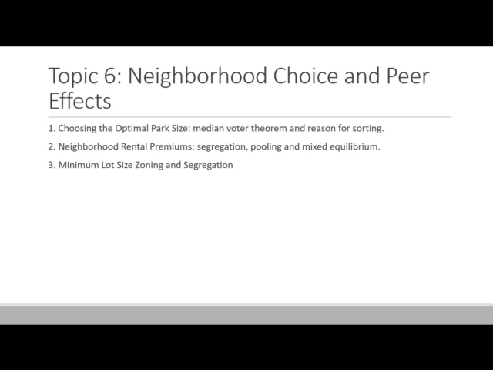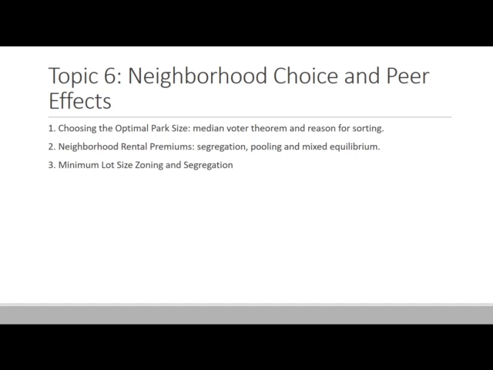In our basic model, we assume that everyone prefers to live with rich people, both rich and poor people. Then whether we will have segregation, pooling, or mixed equilibrium will depend on the different shapes of the rental premiums of the rich and poor.